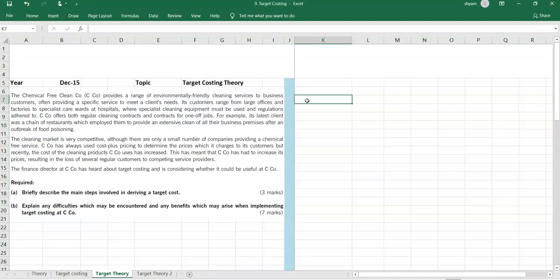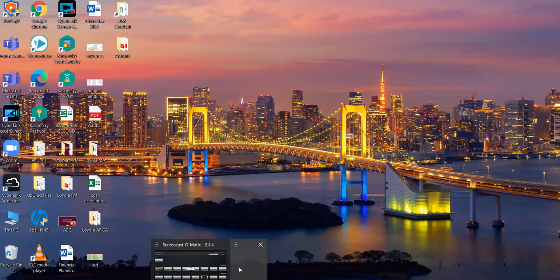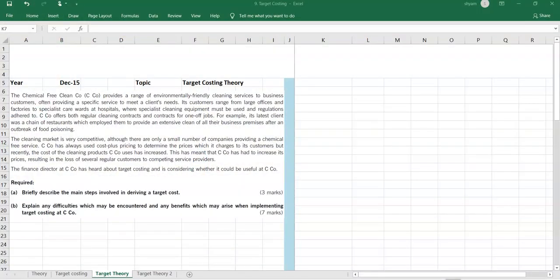It says: briefly describe the main steps involved in deriving a target cost. Explain any difficulties which may be encountered and any benefits which may arise when implementing target costing at SECO. So these are the two questions.